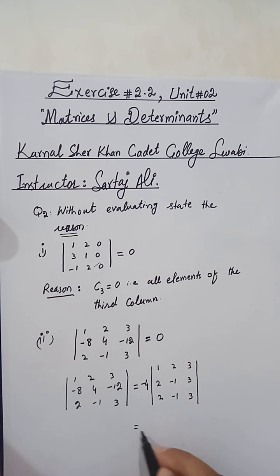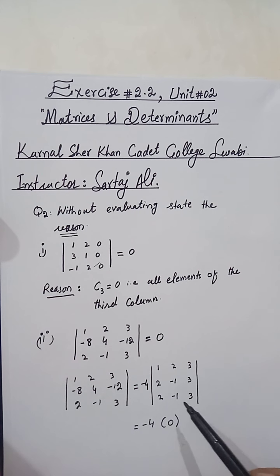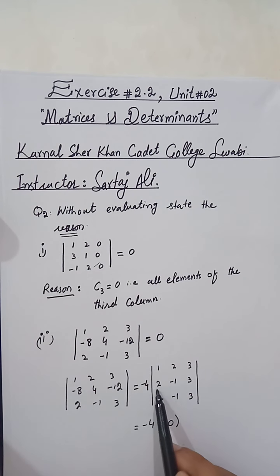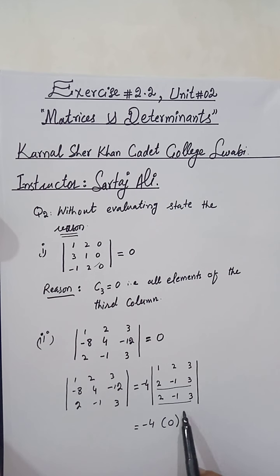You know a property that if a square matrix A has two identical rows or two identical columns, then the determinant of that matrix will be equal to 0. You see that this is a square matrix of order 3 by 3 in which row number 2 and row number 3 are the same.